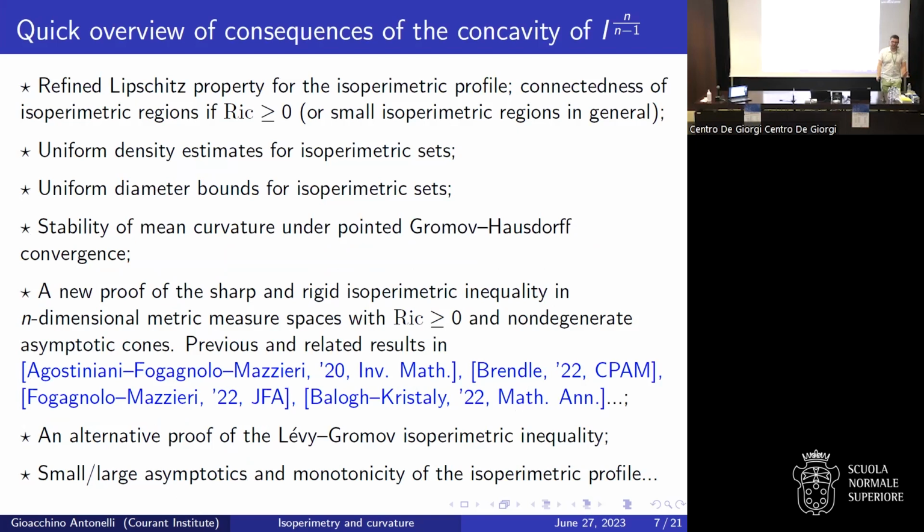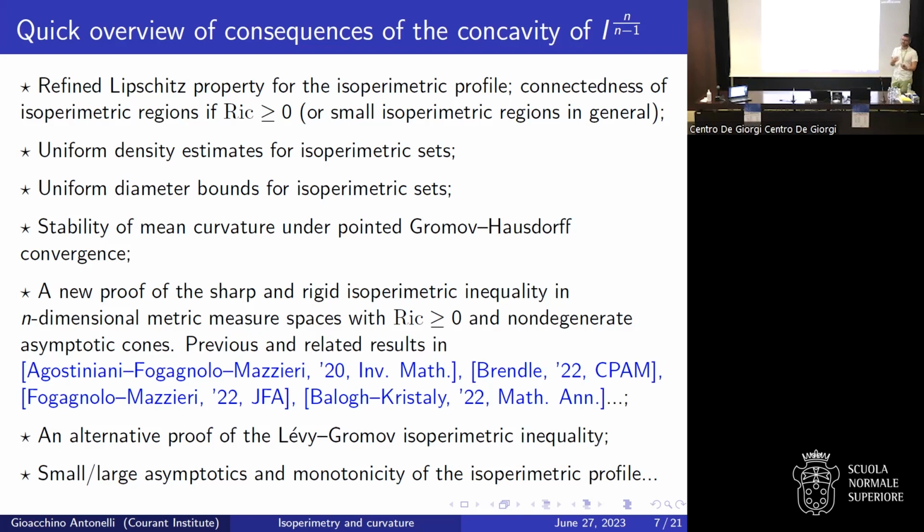That's it. A quick overview, just to convince you why one should be interested in this cumbersome concavity, is that it leads to a number of consequences. I'm not going to comment on all of them. Some of my favorites: it leads to the connectedness of isoperimetric regions under non-negative Ricci, and to uniform diameter bounds for isoperimetric sets.